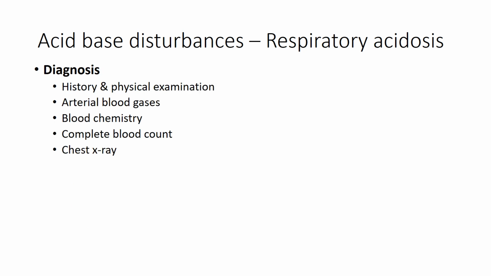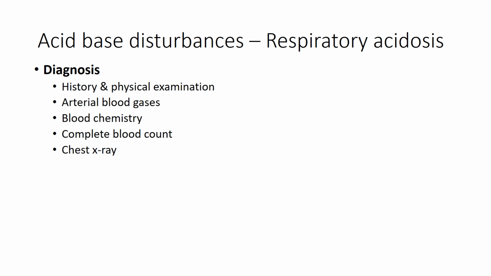Much like all the other conditions we've talked about so far, we're collecting a patient history and a physical examination. This is where the arterial blood gases really become important. They are going to tell us that we have an increase in the partial pressure of carbon dioxide above 45 millimeters of mercury.